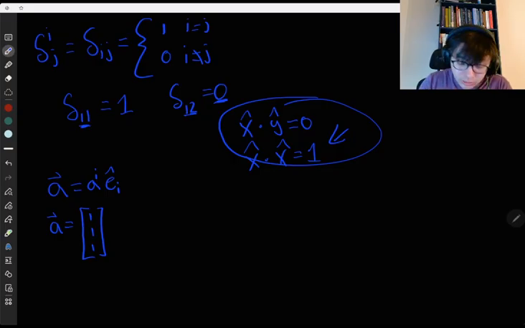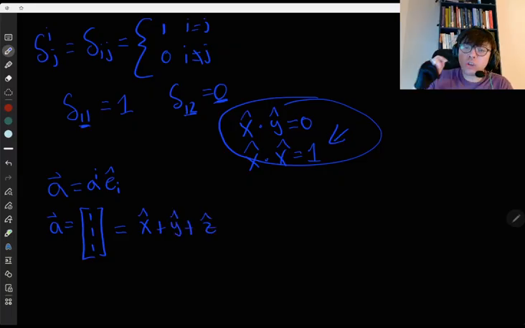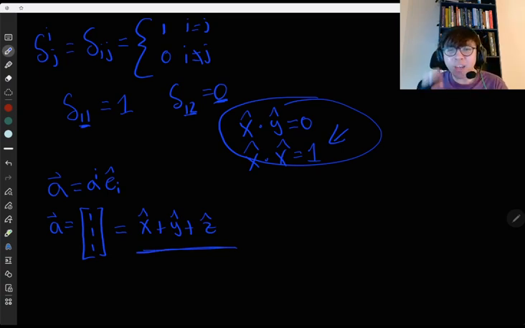Written out, it's going to be x hat plus y hat plus z hat. So, using this notation above, you see that I need to get 3 components. I need to have 3 things here.